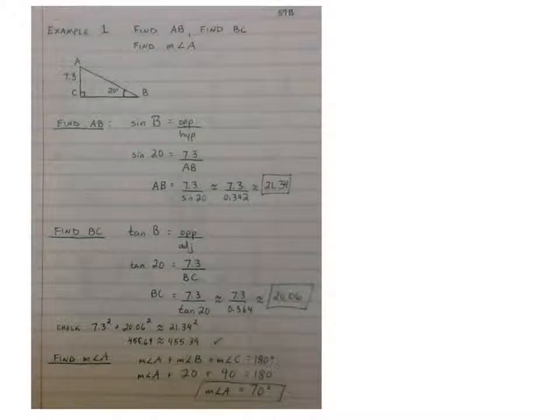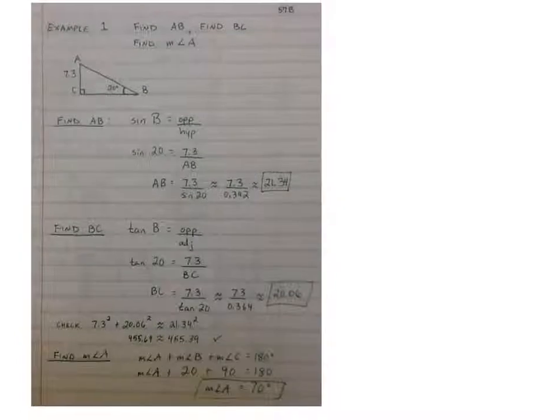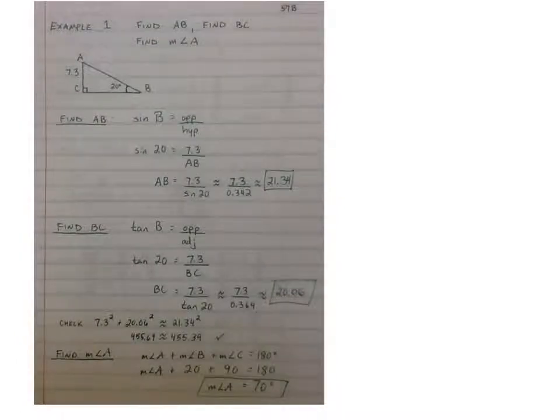On page 57B, we are given our first example where we have a triangle, and that triangle is triangle ABC with angle B being 20 degrees. And they ask us to find the length of AB, the hypotenuse, find the length of BC, the leg, and the measure of angle A. So I'm going to start with finding the side lengths, and the first side length that we want to find is side length AB.